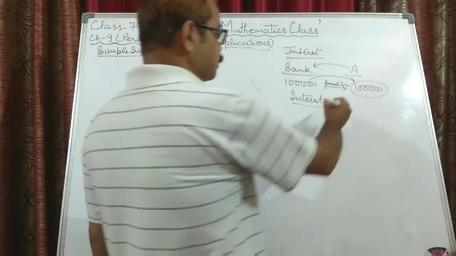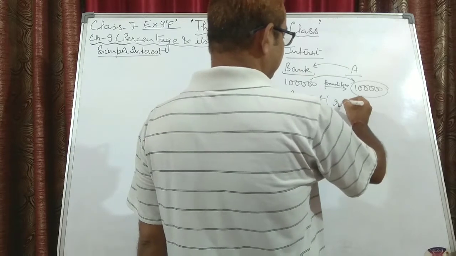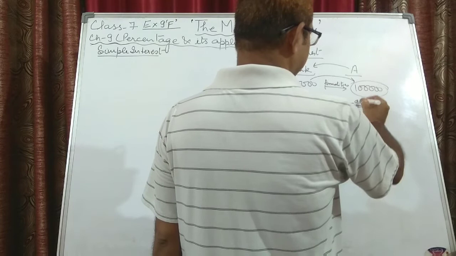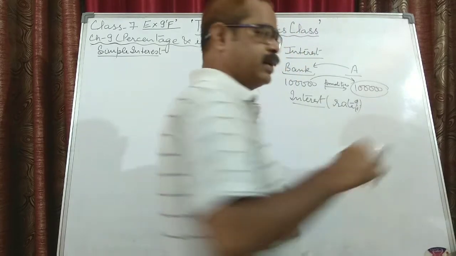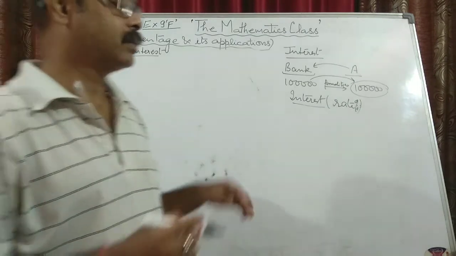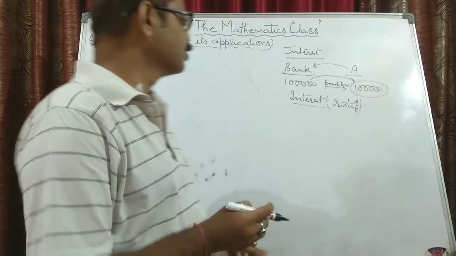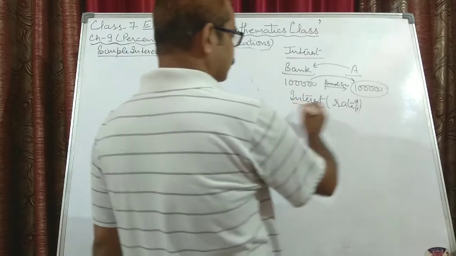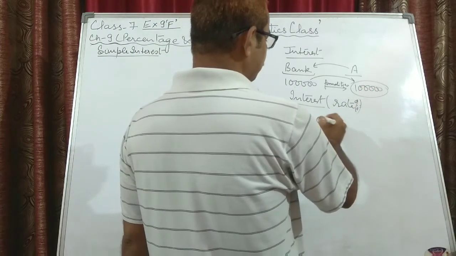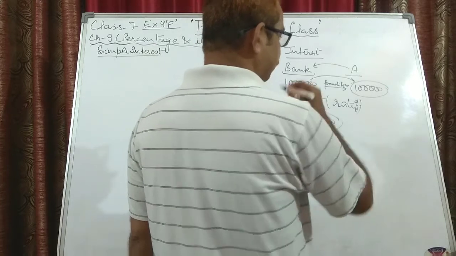Interest is always measured at some rate percent. Rate can be 2%, 5%, 10%, 15%. Different rates are there in different categories. Suppose he pays 1,20,000 to the bank after a fixed time.